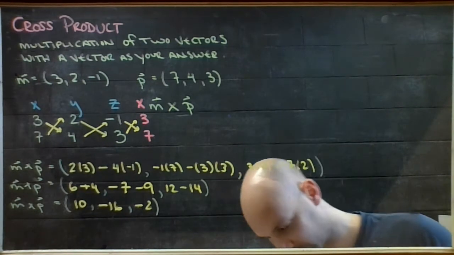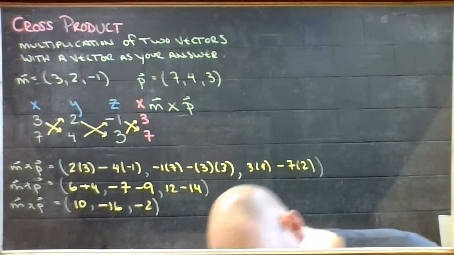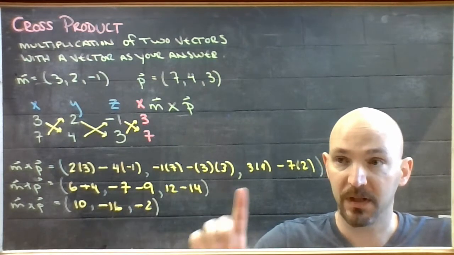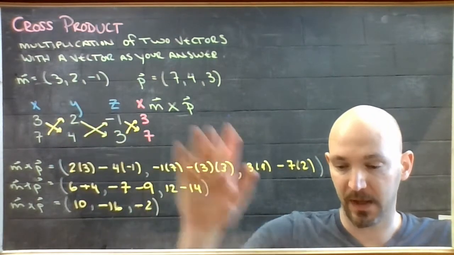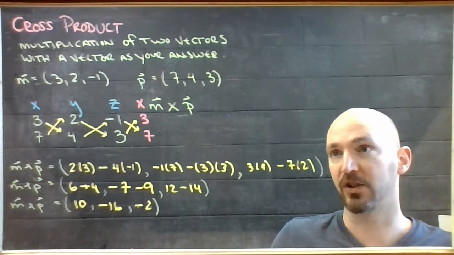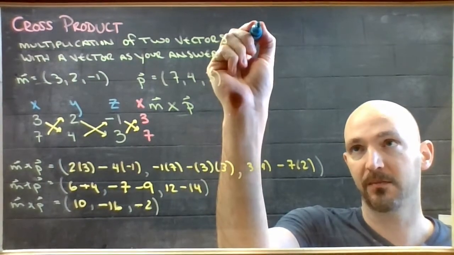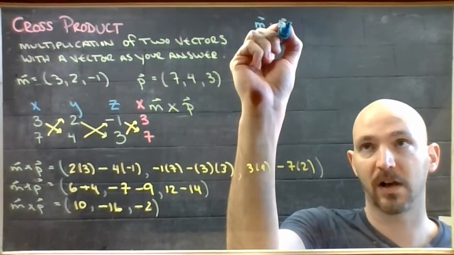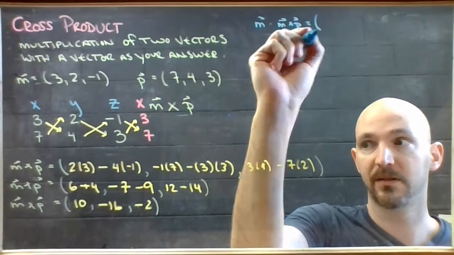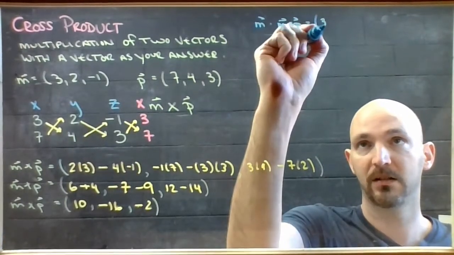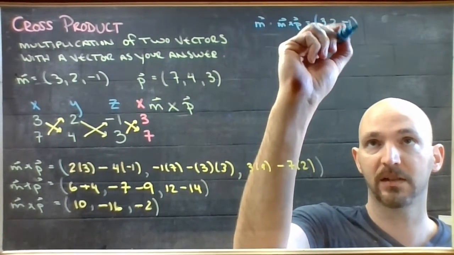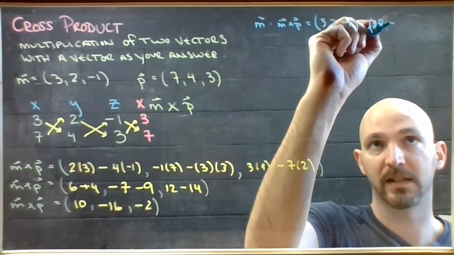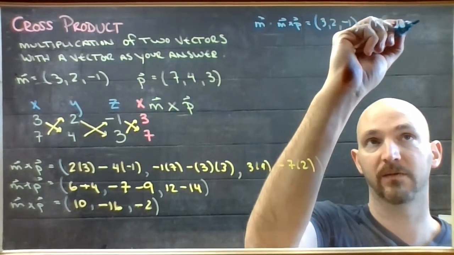This vector I just made should be perpendicular to both m and to p. So it's a good idea to check. So try m dotted with m cross p. m was 3, 2, -1, and m cross p was 10, -16, -2.